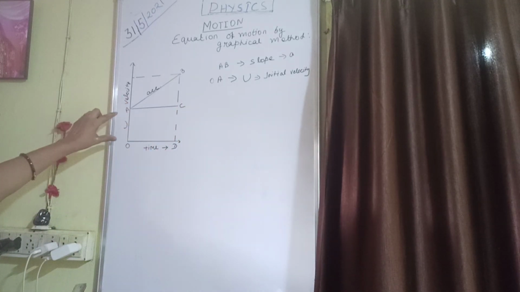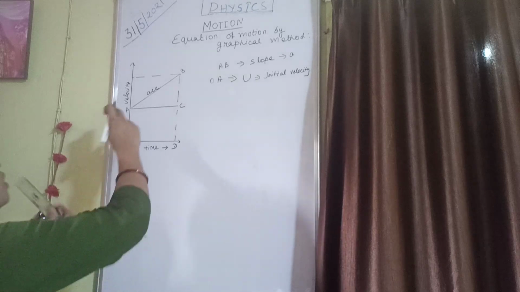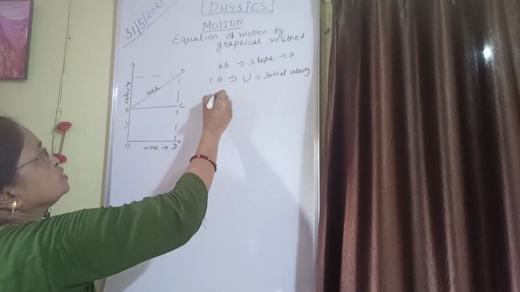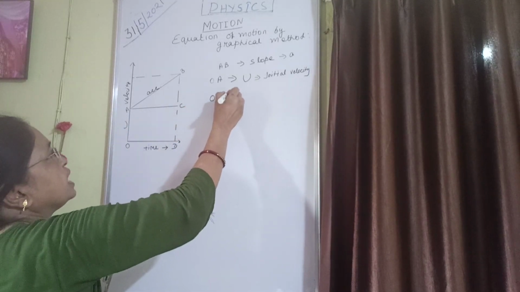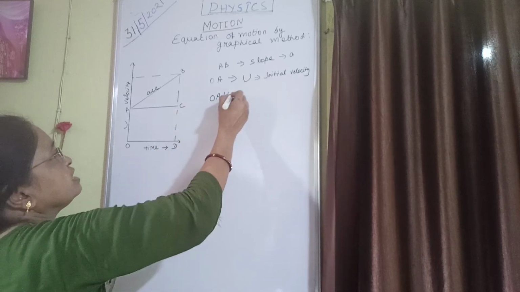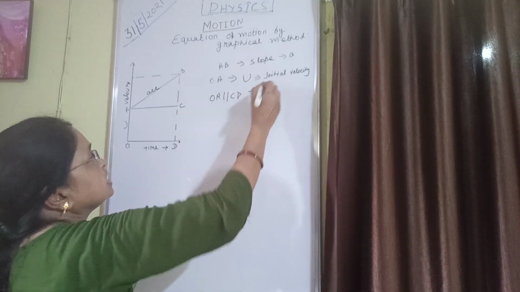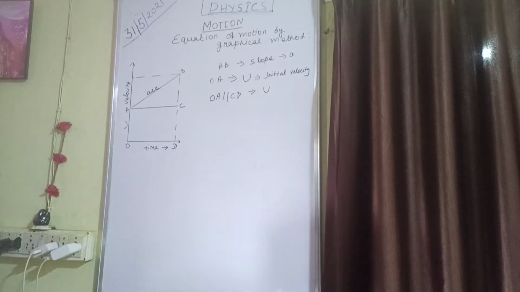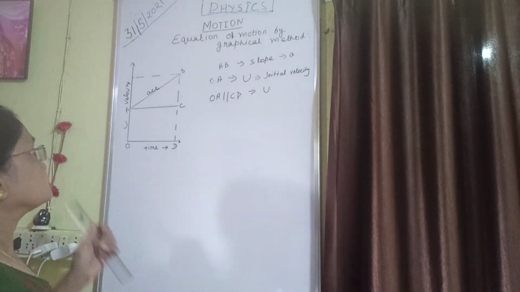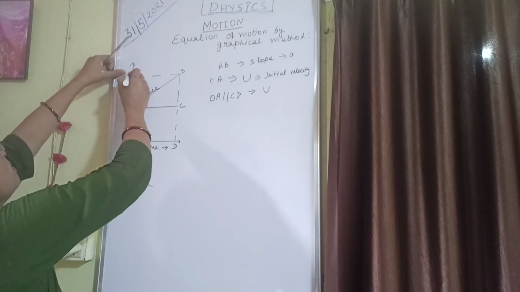At the same time, OA is parallel to CD, and so CD is also u, that is the initial velocity. Then here I am naming E.